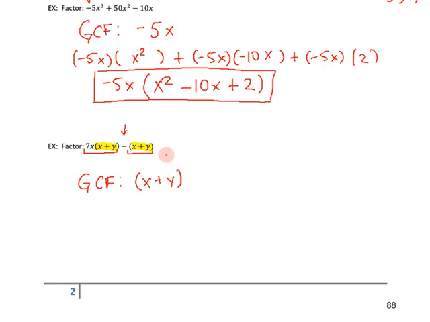The thing that they have in common is not just a single monomial, but maybe even a binomial. Now, if I were to factor out that GCF, I need to ask myself what's left behind when I pull it out. The first term was 7x times the GCF, so it's going to have a 7x in it. The second term was a negative, which is always understood to be a negative 1, so minus 1. This expression is the same as this one. We factored out the x plus y.